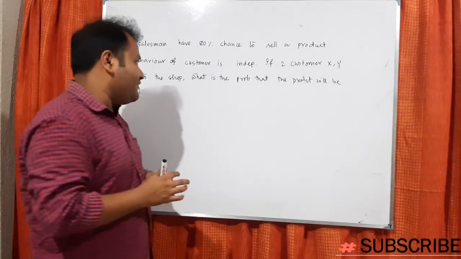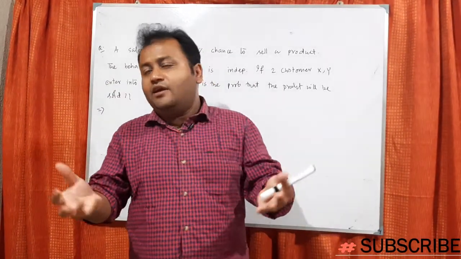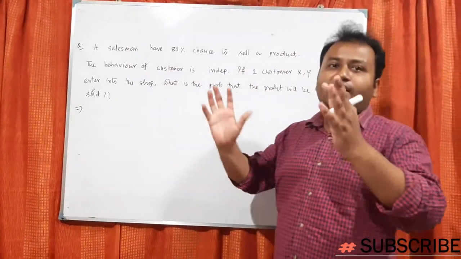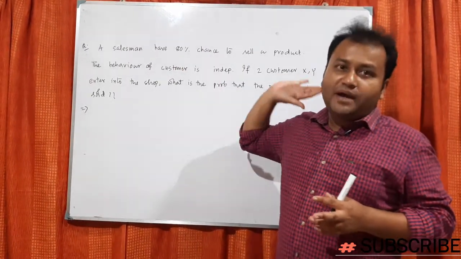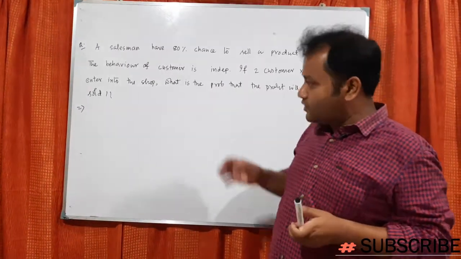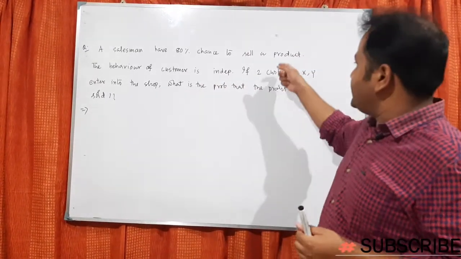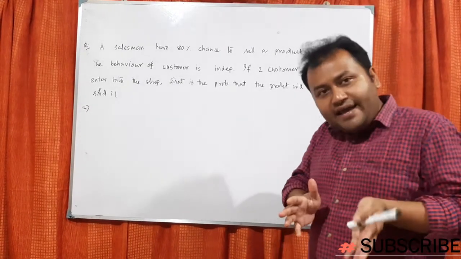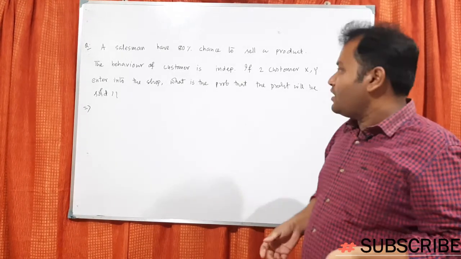Okay. So what is given, that if I am a salesman, the ability to sell a product is 80%. That is, the probability to sell a product is 80/100, that is 8/10 or 4/5, okay. Now two customers are entered inside the shop, one is X, another is Y.